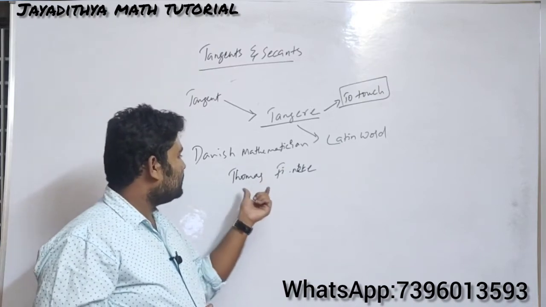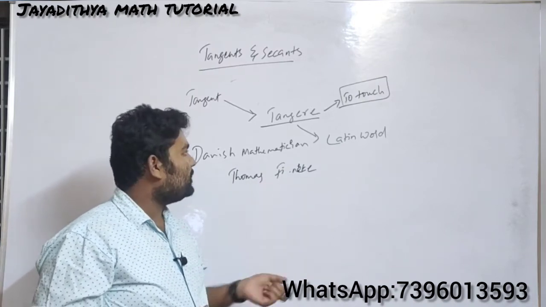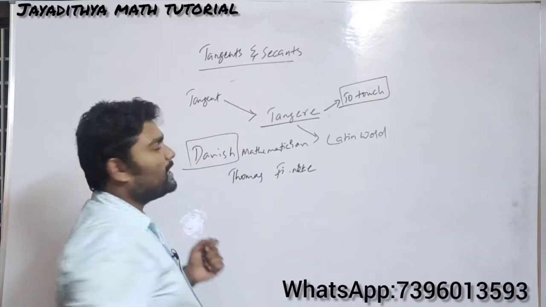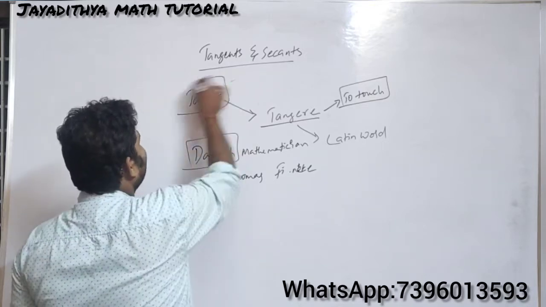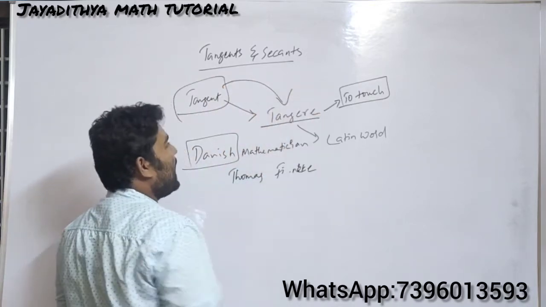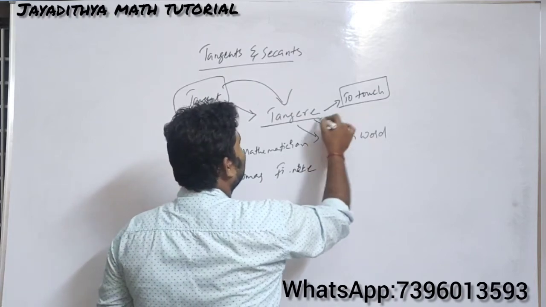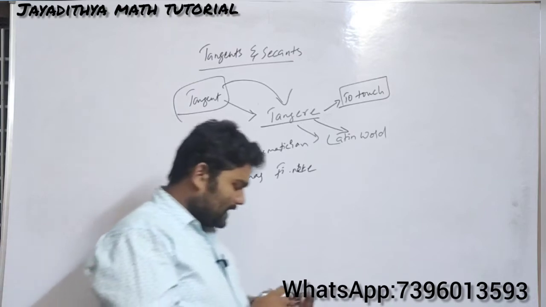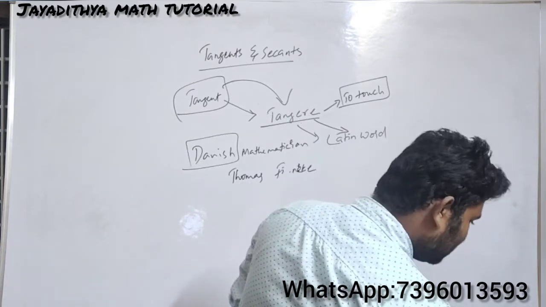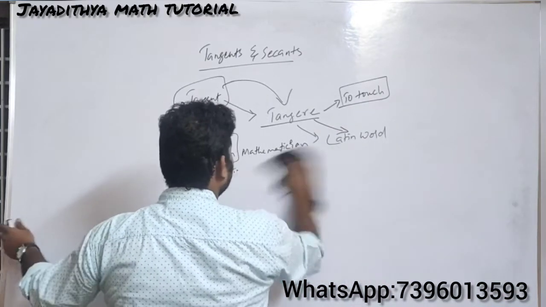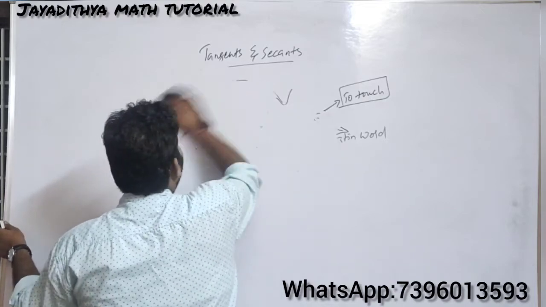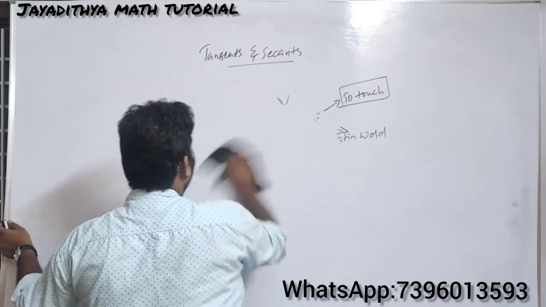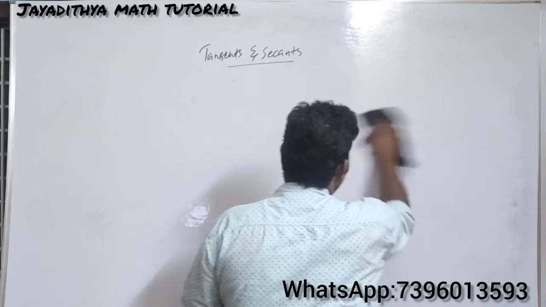Tangent came from tangere, which is a Latin word, and the meaning of tangere is to touch. These are the important points, and you may get one question in bits. If you want to score 10 out of 10, you should read the textbook from starting to ending.